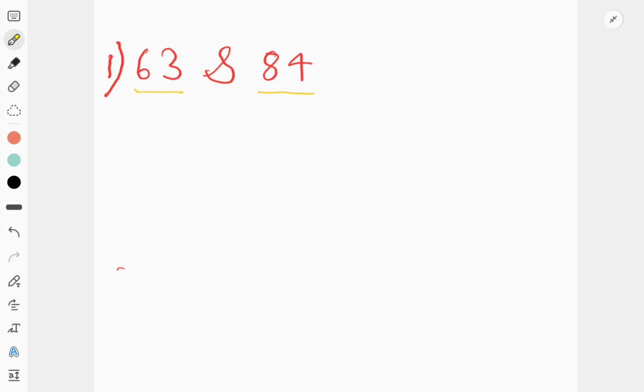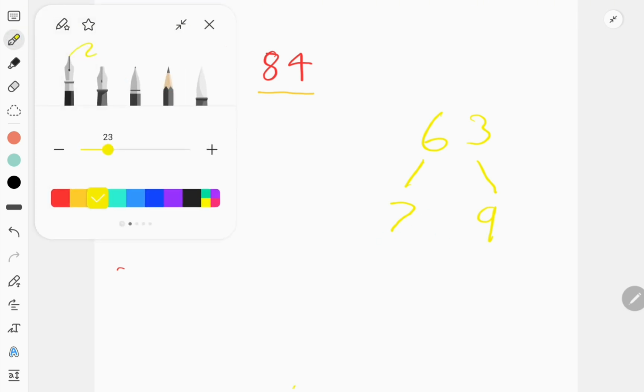Let's start with the greatest common factor and jump into our examples, starting with number 1, where we have 63 and 84. Let's start with the prime factorization of 63, and we will start with the factors of 7 and 9. 7 times 9 equals 63, so 7 and 9 are factors of 63.